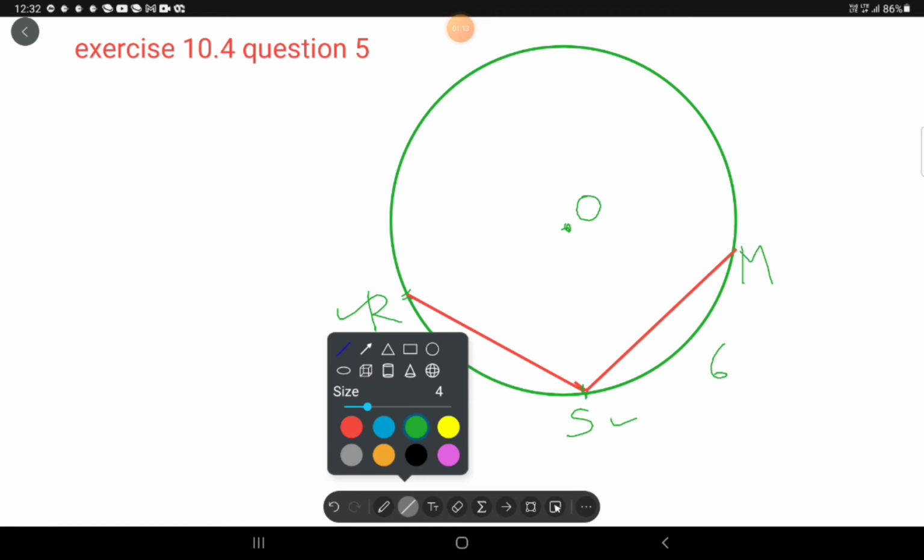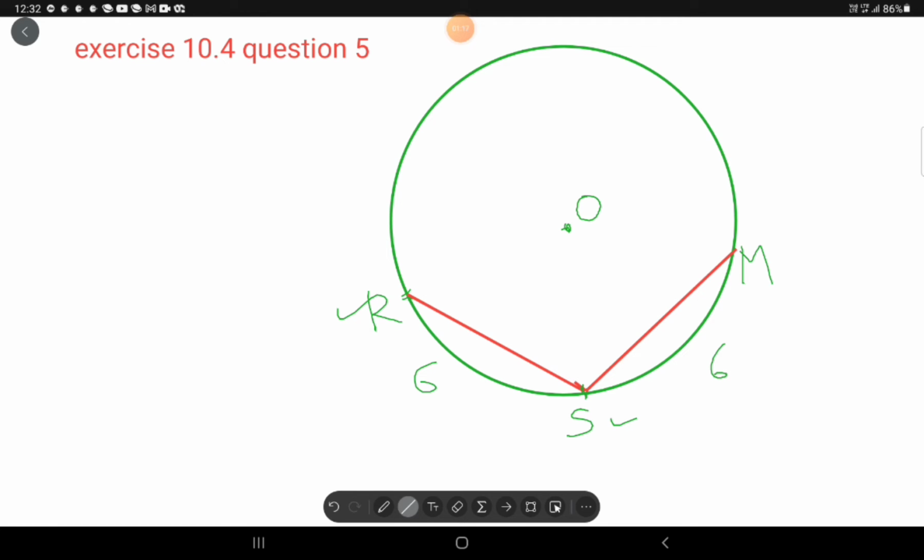So let us join R and M. We need to find the length RM. Now join OS, that is the radius of the circle, that is 5 centimeter. And draw perpendiculars to RS and SM.